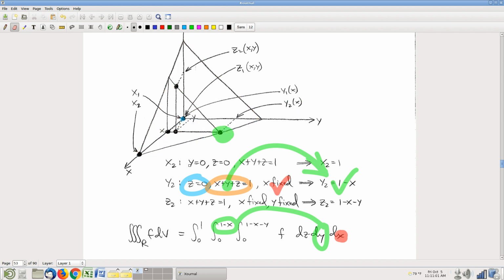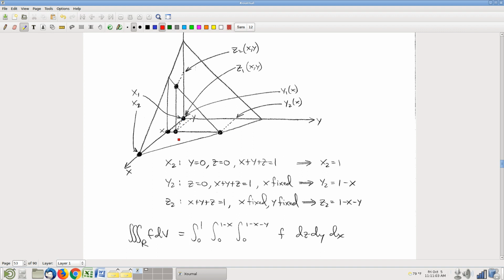Okay. Very quickly, for the last one, the inside. Now looking at this, there's a y slice of our x slice. So now x is fixed and y is fixed. We've fixed both of these. Z starts there. It's pretty clear z equals 0. It's in the plane z equals 0. So that's easy.